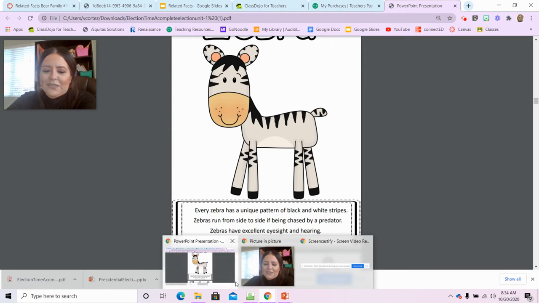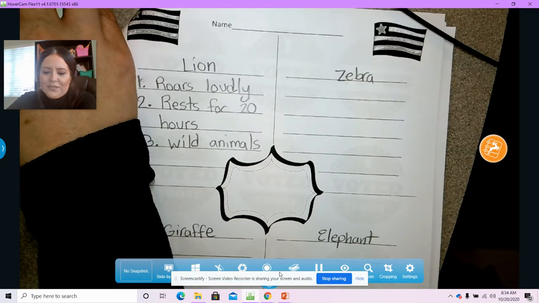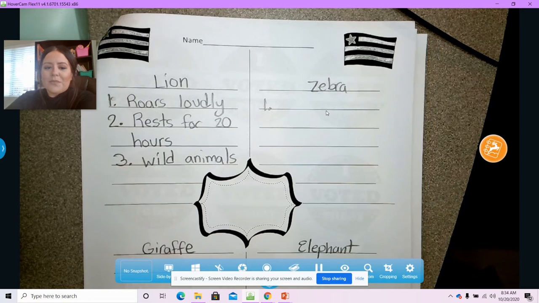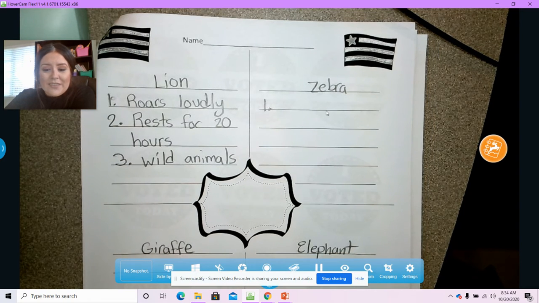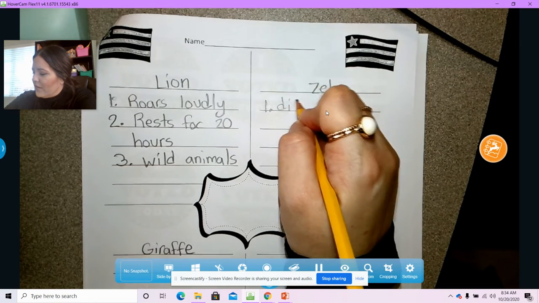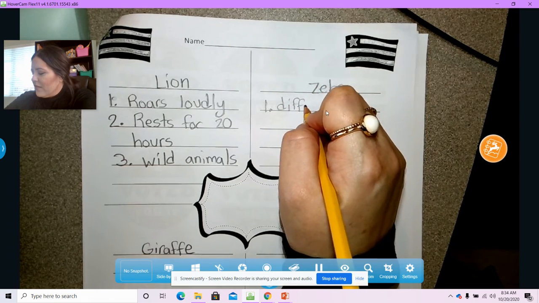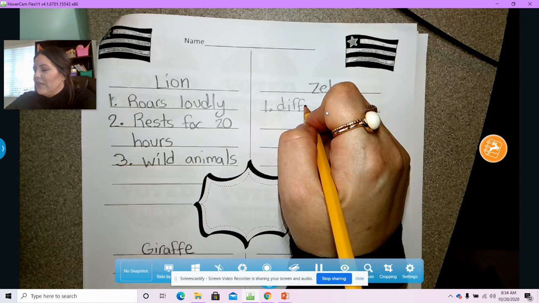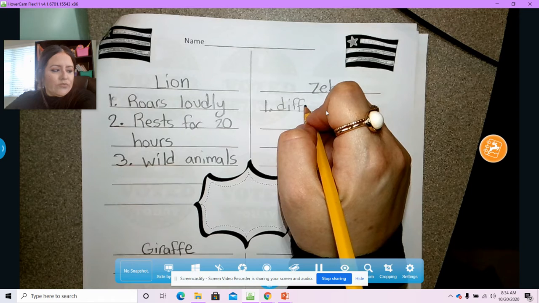All right, so let's go back to our notes. Zebra. So what are some things we could say about the zebra? They have different stripe patterns. Let's see, how can I make this shorter for you?